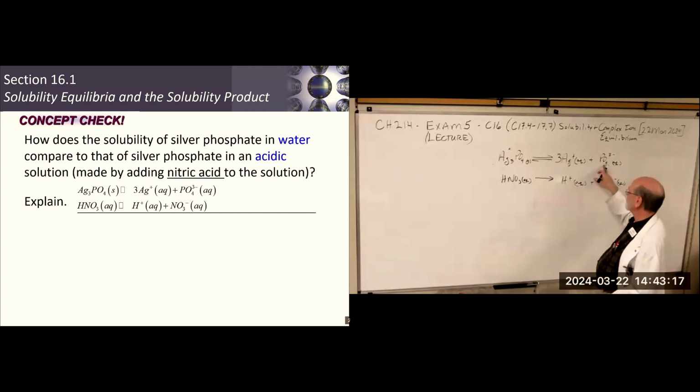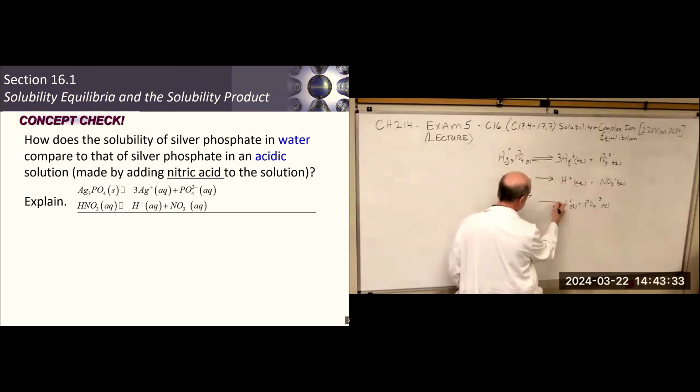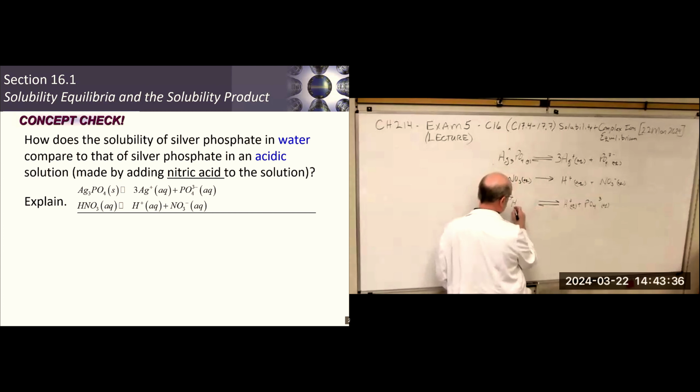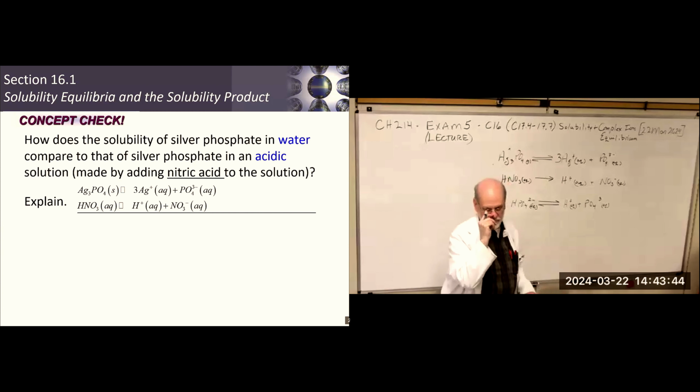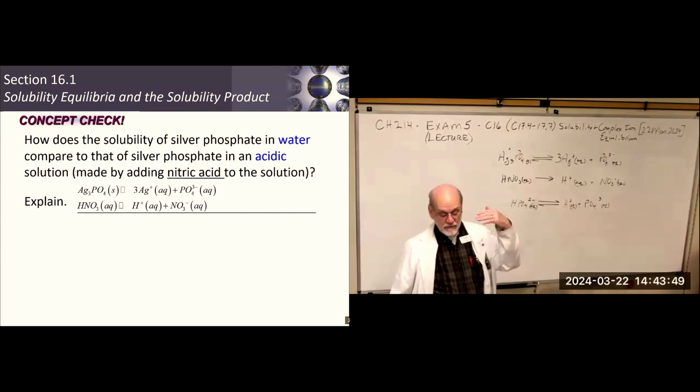But hydrogen and phosphate, hydrogen plus phosphate, aqueous, yes. Remember when we talked about phosphoric acid? HPO4 2 minus. Which way is this equilibrium favored? Remember, phosphoric acid is a weak acid, even for the first proton. Second proton is even weaker, and the third proton is weaker than that.